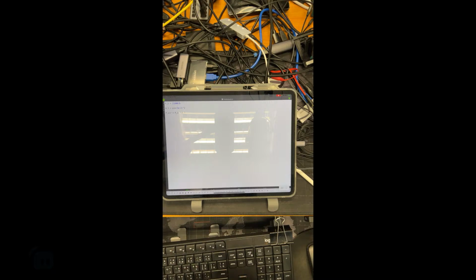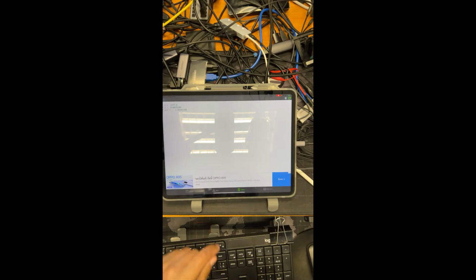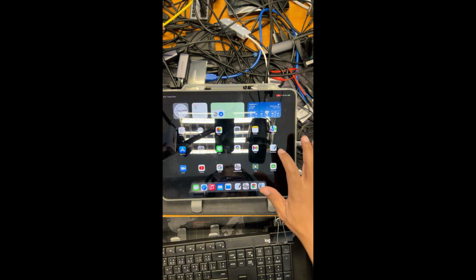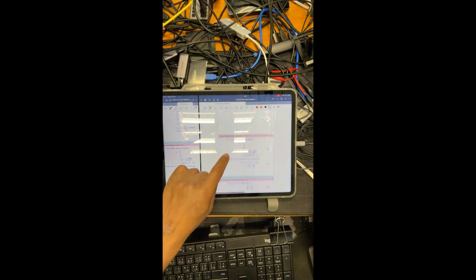Let's see what the value of P air is. P air is 18816, which is incorrect, right?